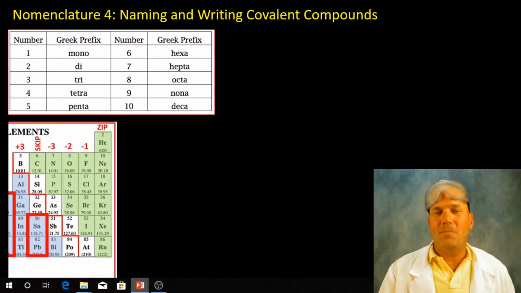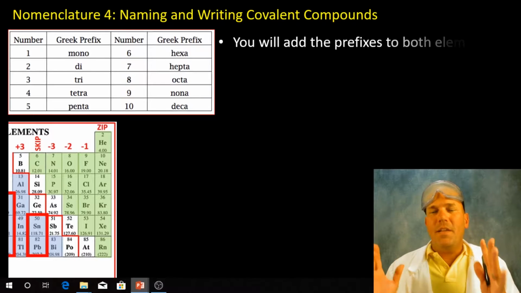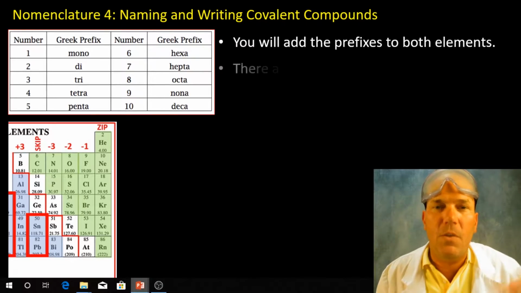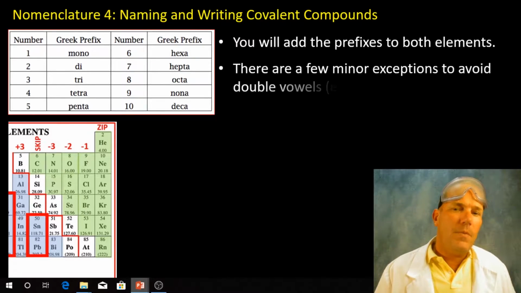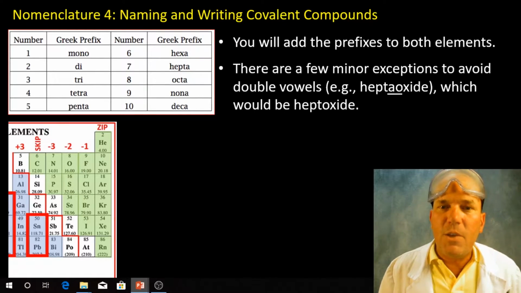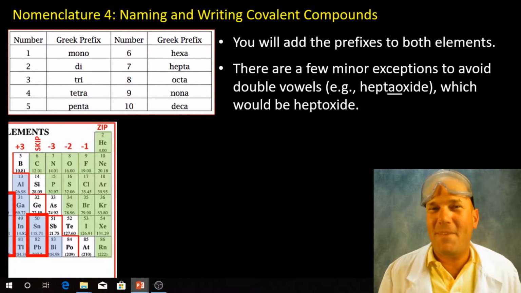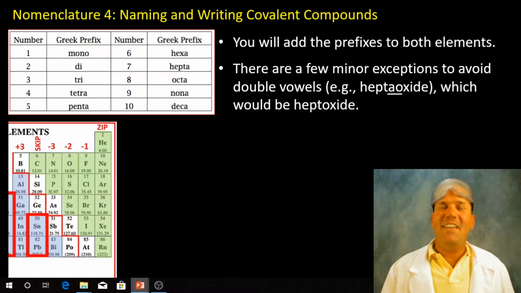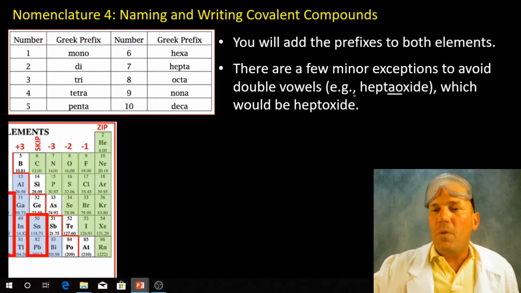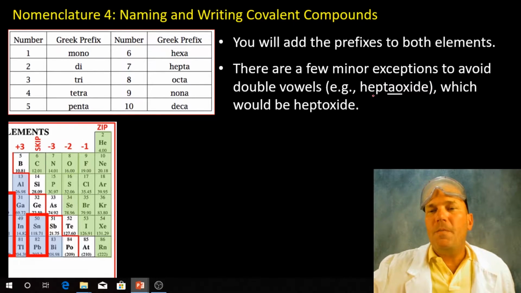All right, so let's look at adding these prefixes to both elements in order to name these covalent compounds. Of course, as you will see in almost every video I make, there are some exceptions. In this case, minor exceptions avoid double vowels when using the prefixes.